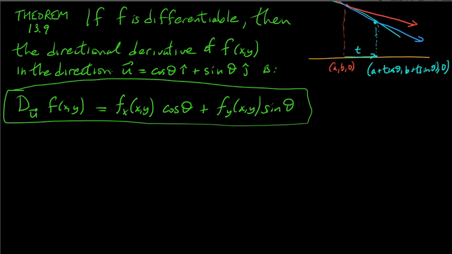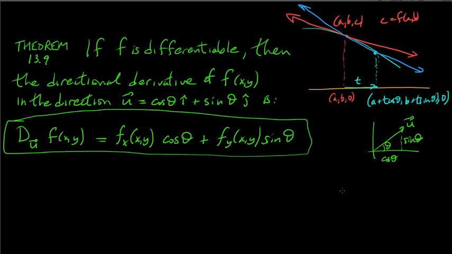If you're given the vector u in component form, then of course the x component is the cosine of theta, and the y component is the sine of theta. So you can easily figure out theta by just taking the inverse sine or cosine, or tangent if you want to do both. Okay.